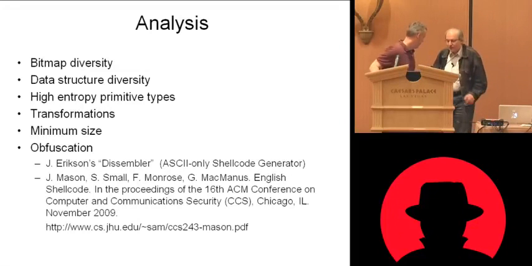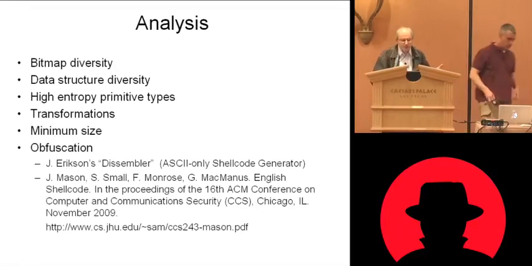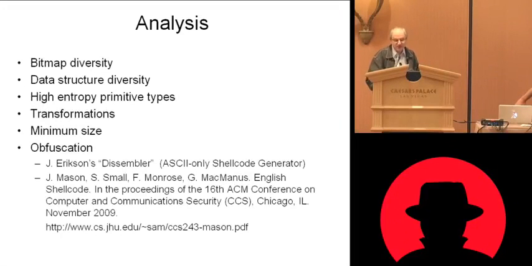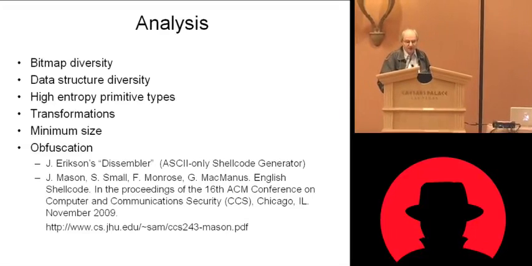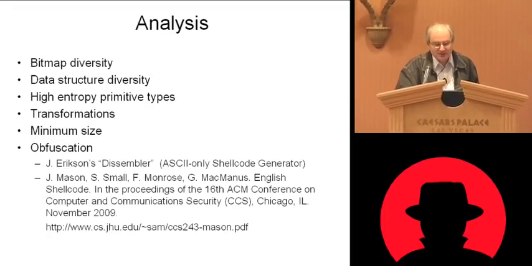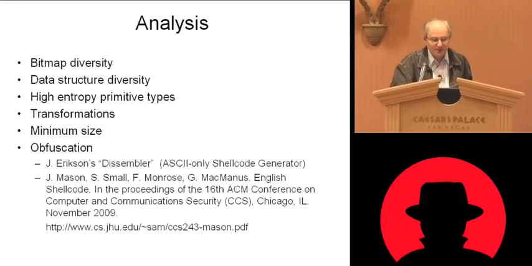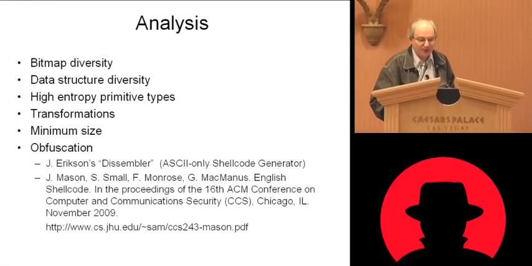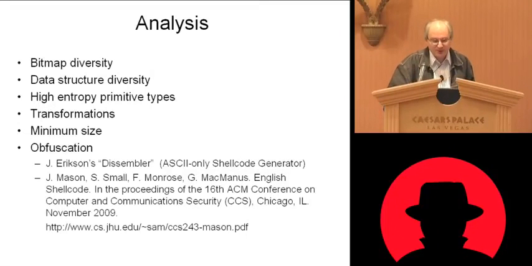Yes. It is well known that you can disguise things. My favorite early disguising tool is John Erickson's dissembler, which takes shellcode and translates it into ASCII-only shellcode so that the byte codes are just printable ASCII. Recently, a similar thing, but with an enormous amount of overkill, has been done by an academic group.